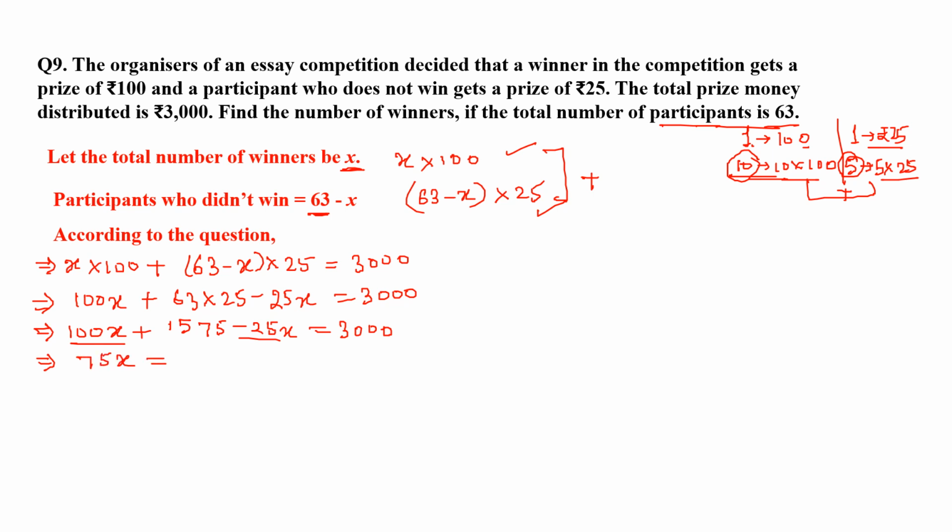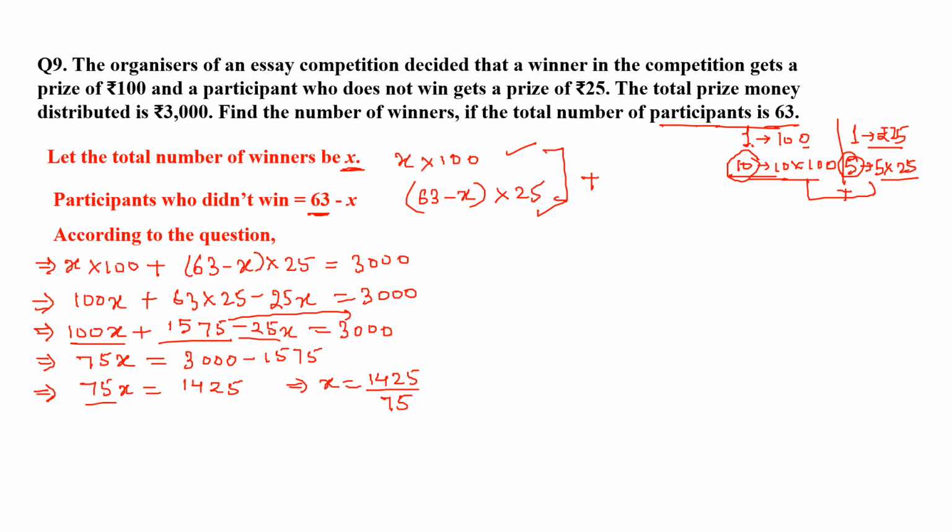And then I'm transposing 1575 to the RHS. So it will be 3000 minus 1575. So from here I will get 75X is equal to 3000 minus 1575, which will give me 1425. So the value of X will be 1425 divided by 75, because 75 is multiplied here.